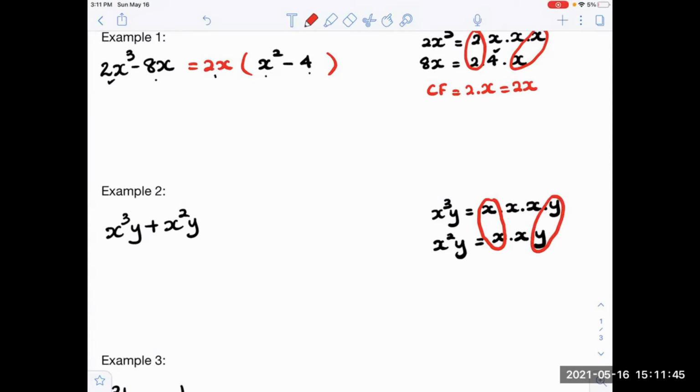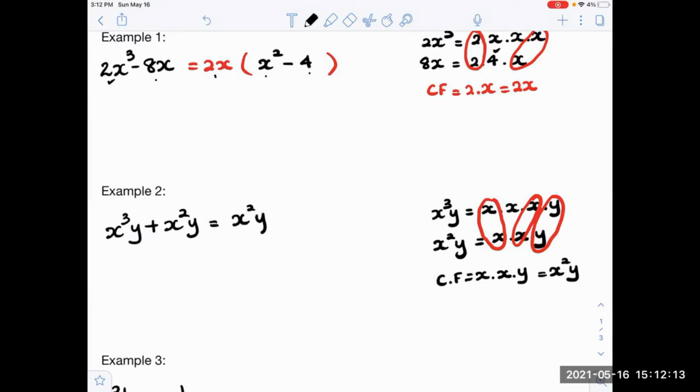We also have another x. So x by x is the common factor, by y. So x by x by y, which is x squared y.